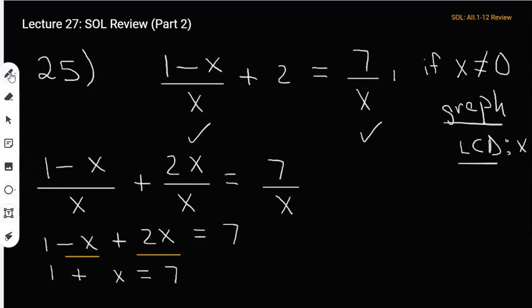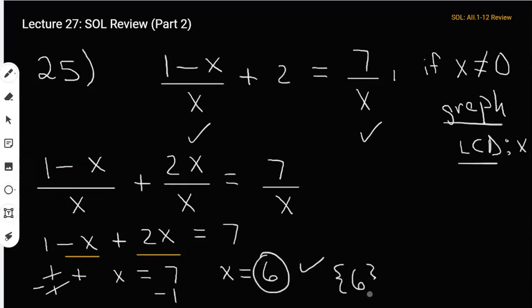So I get 1 plus x equals 7. Subtract 1 from both sides. And I'm running out of room. But you can tell that 7 minus 1 is going to give me 6. So I get x equals 6. So that's the first way I can do it.